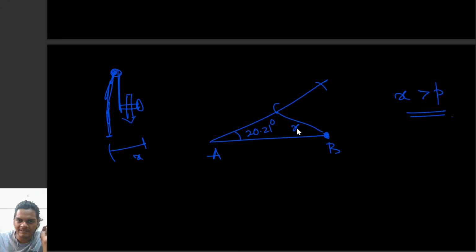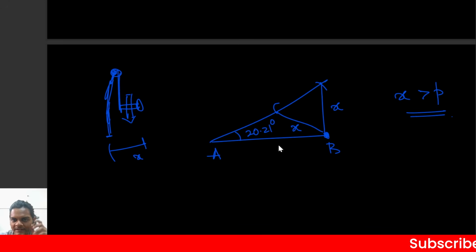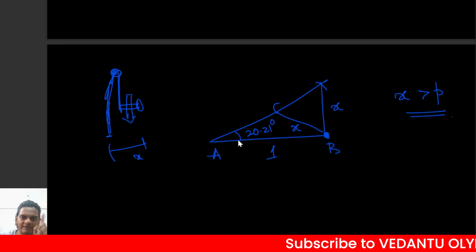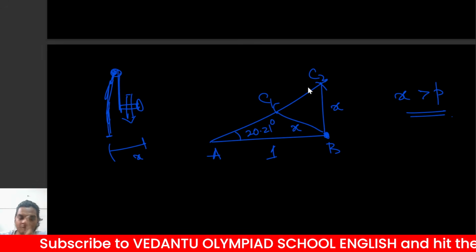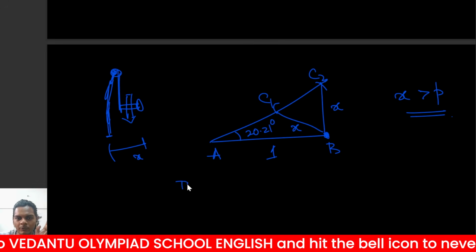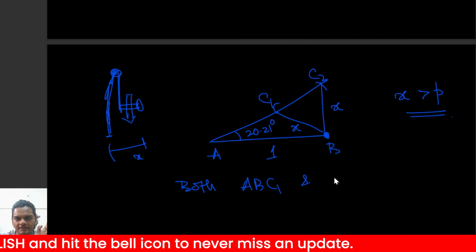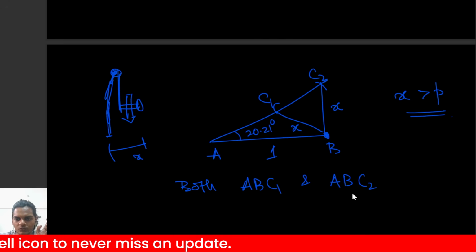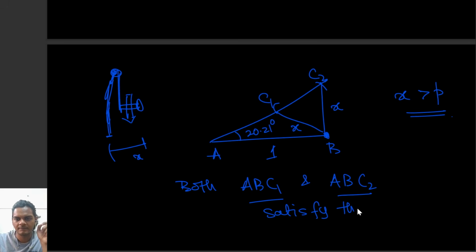So with length x, you will have two different triangles. With the given measurements, you can have some C1 here and C2 here. You can have two triangles. Both ABC1 and ABC2 satisfy the given condition.